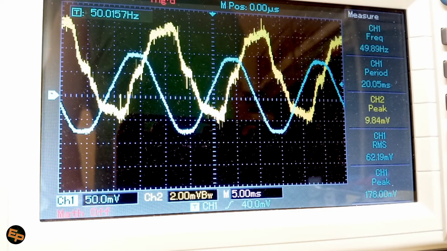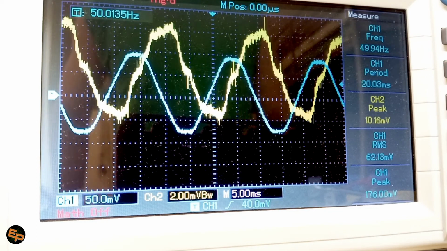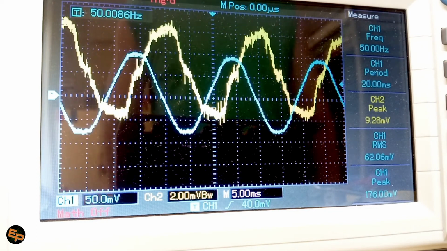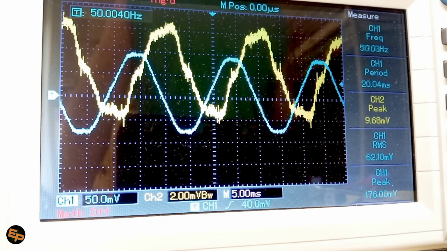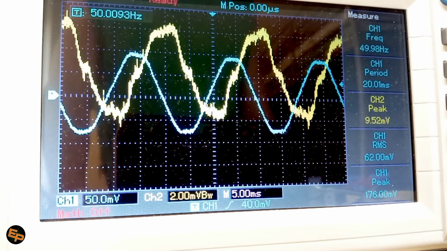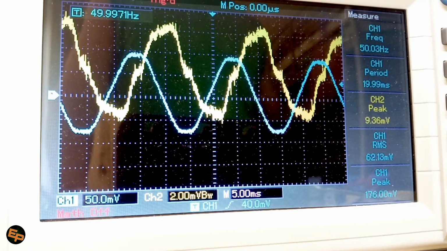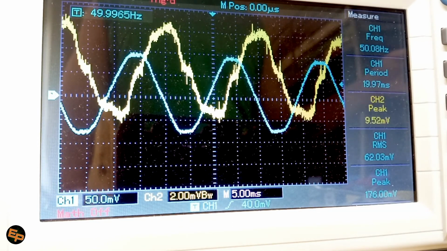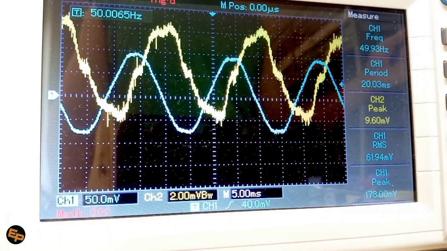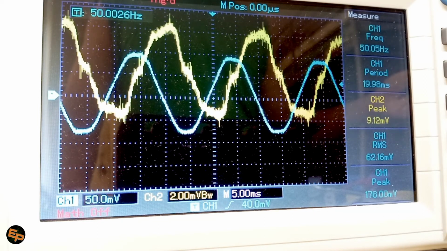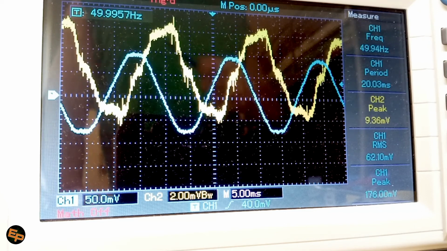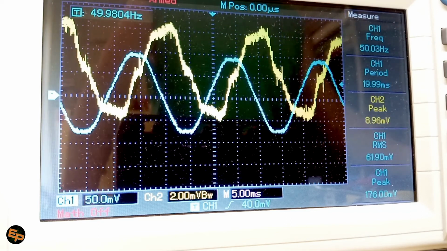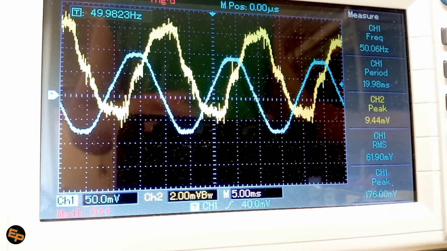I chose to measure the peak to peak voltage because it's easier to see than the RMS voltage. And besides, we will probably use this voltage later in a circuit, and we will probably rectify it and filter it a bit so we get only a DC voltage depending on the current.